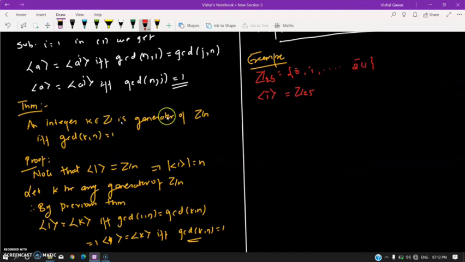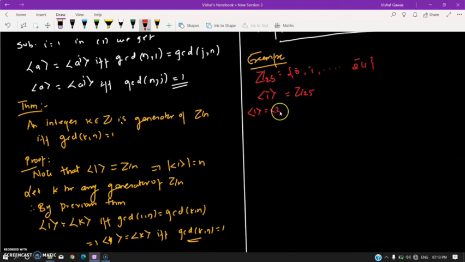By the previous theorem, all the generators must have GCD with n equal to 1. So what are the numbers? This would be the same as what are the numbers whose GCD with 25 is 1. Let's list out all the generators.